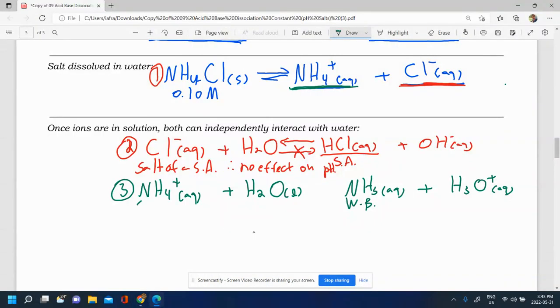So what that means is that this is a salt of a weak base. And the salt of a weak base is going to act as a weak acid because it makes H3O plus. So this actually does happen. So we found that this does have an effect on pH, but this does not. So this is going to determine the pH of our solution.